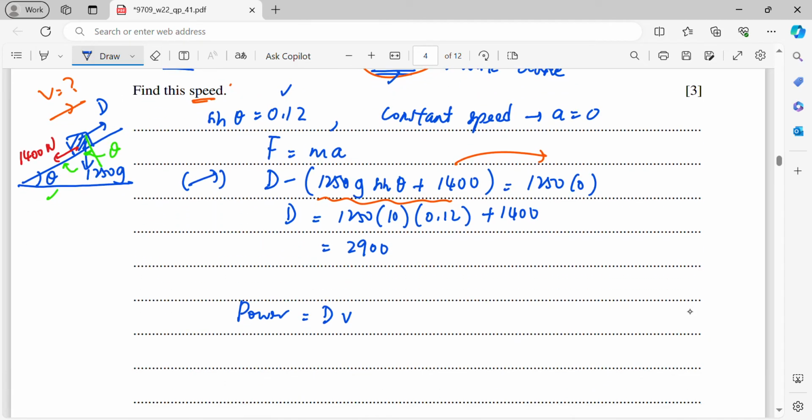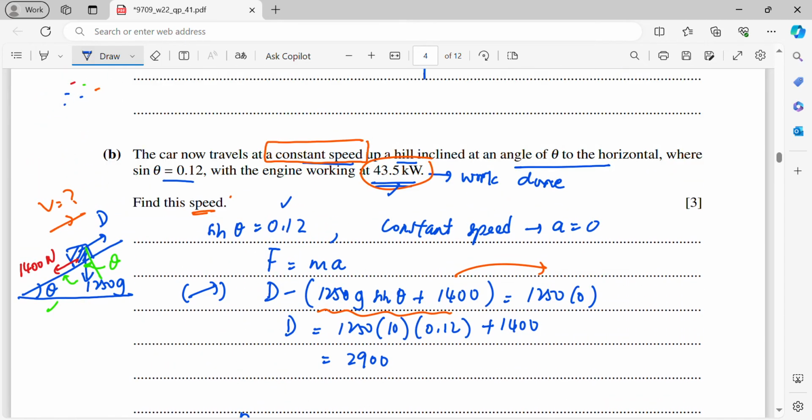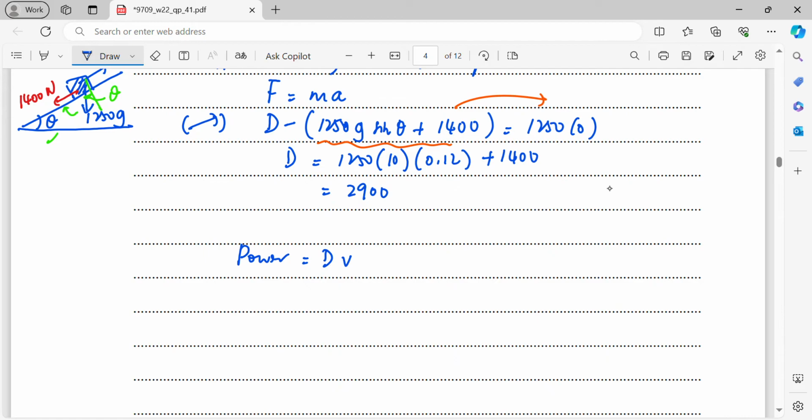Then here it will be 43.5 kilowatts, so 43.5 times 10 power 3 because of the kilowatts, equals the driving force 2900 times v, the speed. So obviously the speed is 43.5 times 10 power 3 over 2900. Power is D times v. That means here you'll be getting 15 meters per second.